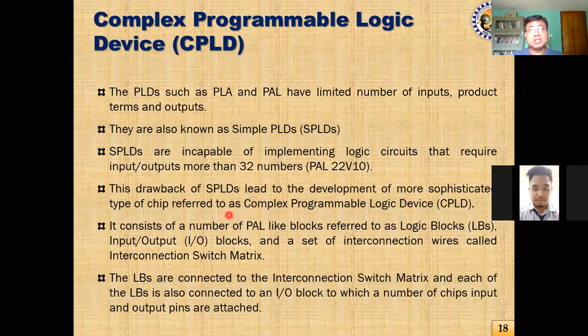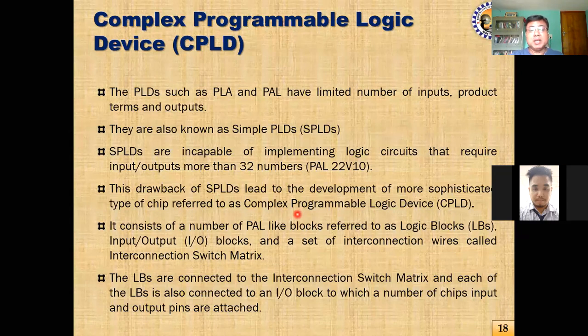So if we have a large input-output requirement, we do not have to use so many ICs. One IC is probably going to solve our problem, because within the IC we get a huge number of logic resources, and if we require to interconnect, that means the output of one PLD to be connected as input of another PLD, we can also do that internally through programming.